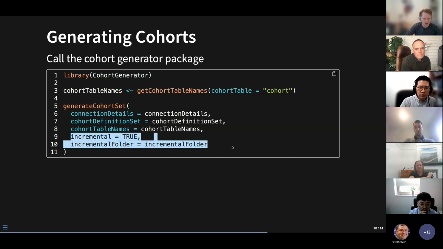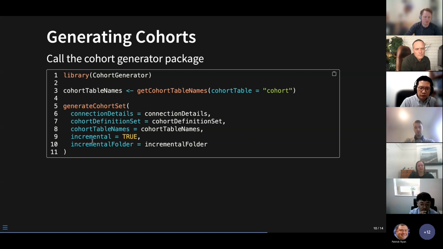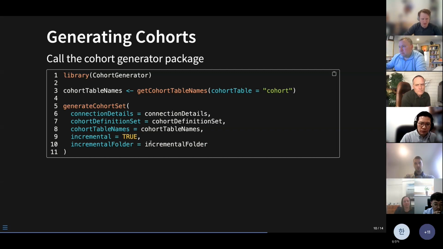And this makes use of the incremental mode too in its own way. So if you generate a cohort once, it won't be generated again unless that cohort has changed in some way. And internally, we track those changes. You can turn that off if you encounter problems, but I wouldn't recommend it because it's probably one of the longest steps in a lot of studies.